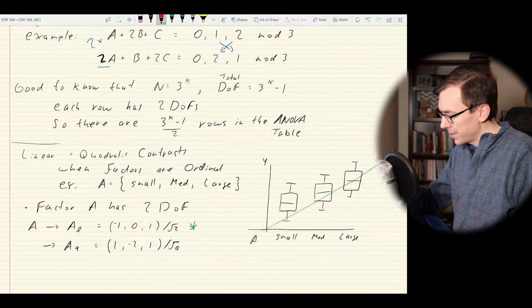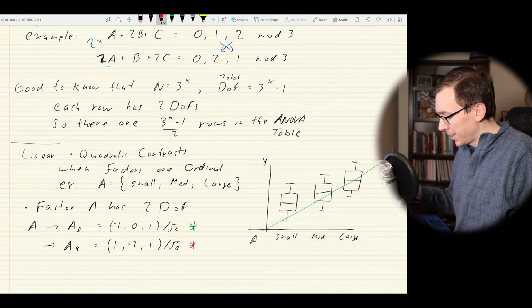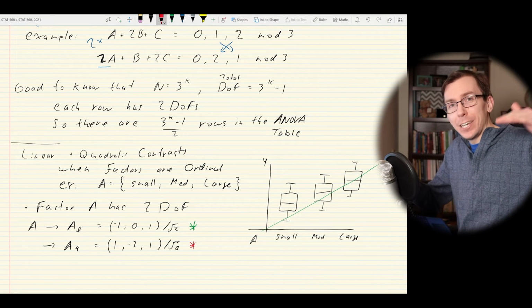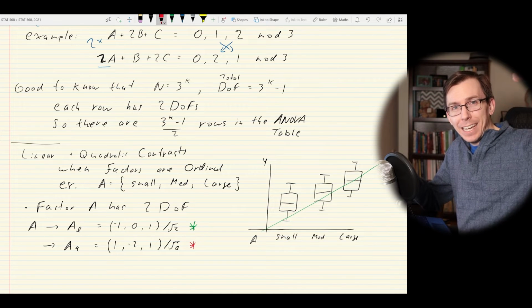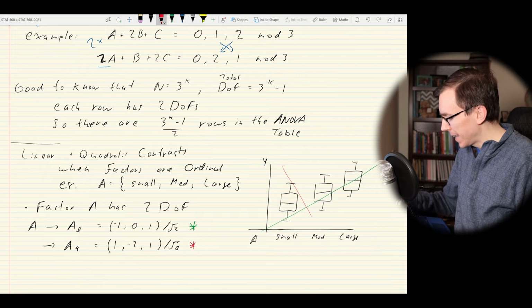In contrast, we have the quadratic contrast. How many times can I say contrast? This one takes the value of 1, minus 2, 1, so it looks like a V shape. What we're looking for is a pattern that would look more like this in our data.